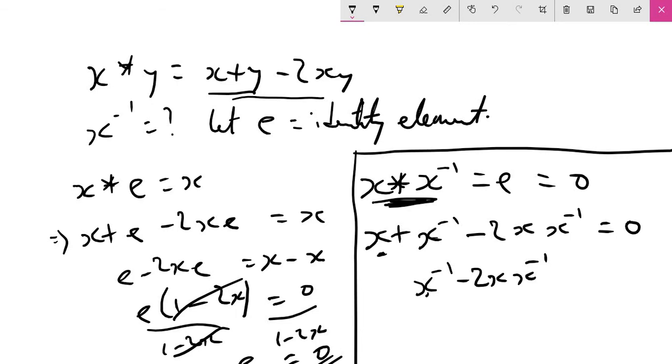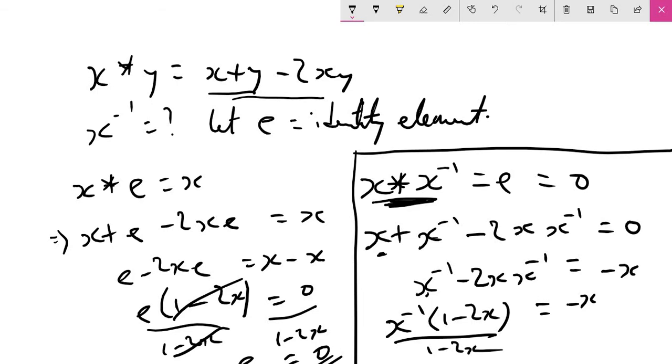We send this x across to get minus x here. Factorizing out x inverse, we have 1 minus 2x equals minus x. Again, we divide through by 1 minus 2x. This cancels out this. So clearly, x inverse is equal to minus x divided by 1 minus 2x, and that right here is x inverse.